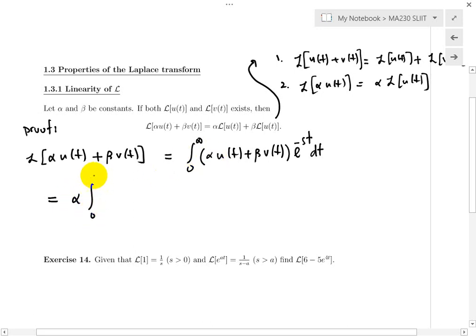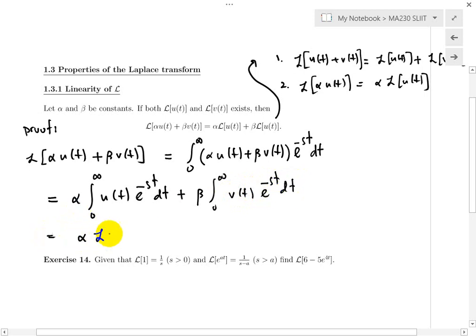So 0 to infinity, this is u of t, multiplied by exponential minus st dt. I am going to add, beta is a constant, take that out, 0 to infinity, this is v of t exponential minus st dt, and what is this? This is nothing but alpha times the Laplace transform of u of t, plus beta times the Laplace transform of v of t, so that's our right hand side.